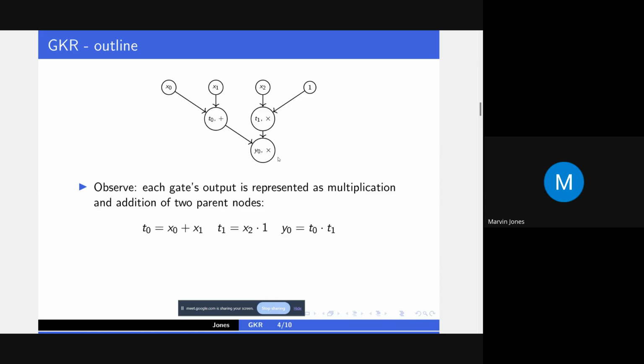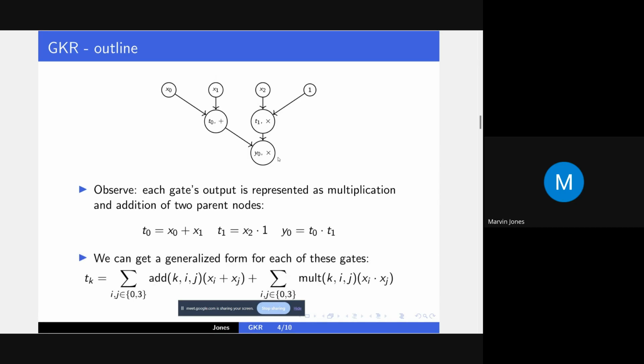So the output of one gate is explicitly the combination from the two parent nodes, and we can generalize this entire layer, say this middle layer, as TK.